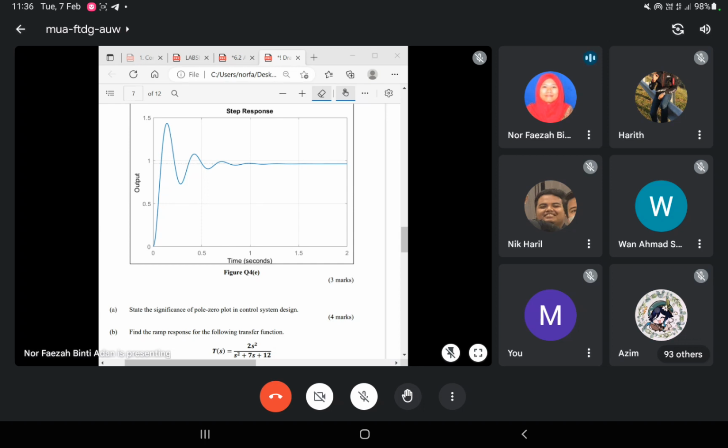Tak ada pula soalan Laplace ni. Okay lah, I'll show you the notes instead.